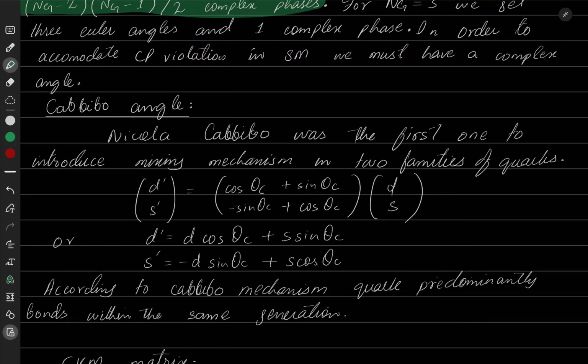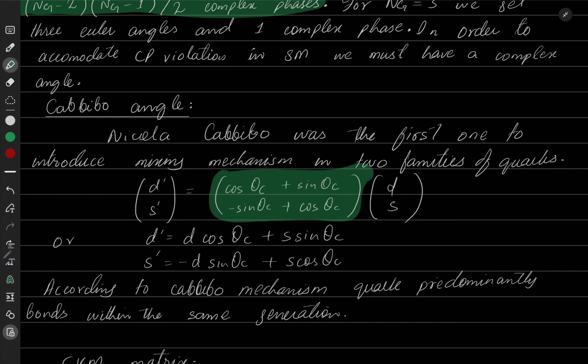He described the quark mixing mechanism for the 2 families of quarks, and this right here is the Cabibbo matrix, and theta C is the Cabibbo angle, which is very small, but anyway, that can give us the mixing of quarks in 2 families.